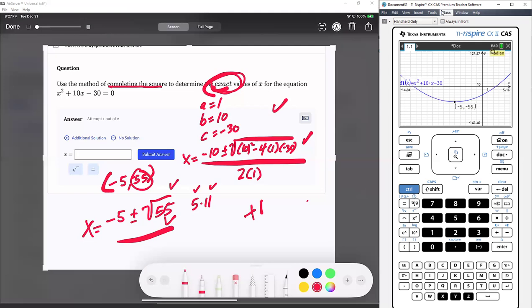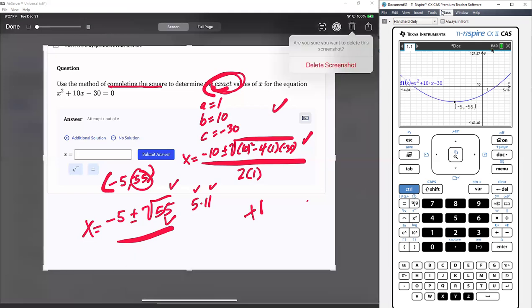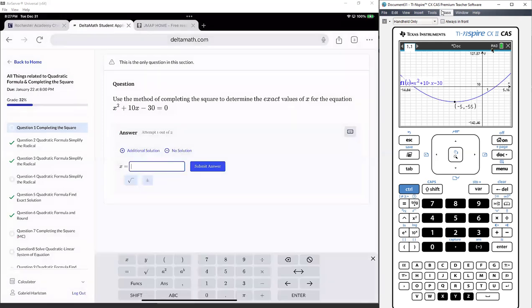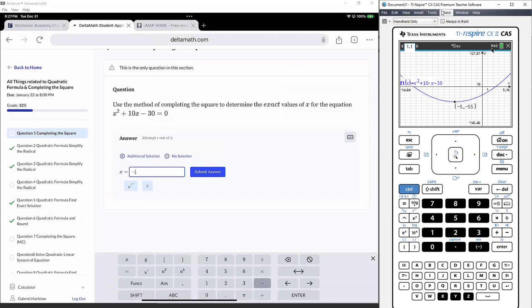So let me finish this up by showing you guys how you would enter it. So you'd come here, you'd put a negative 5, and then you would put, well, I thought I was putting a negative 5. Hold on. What's happening? Why can't I enter anything here? I'm trying to enter negative 5 plus or minus square root of 55.